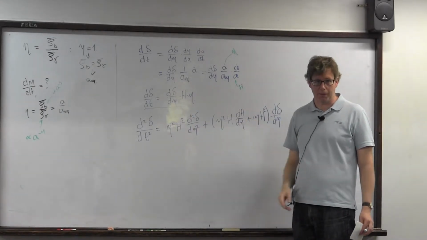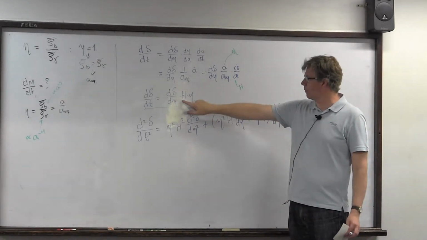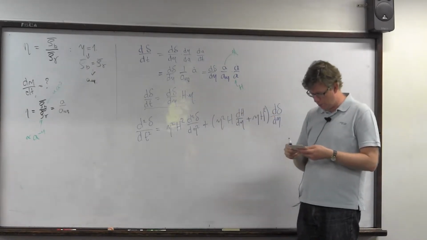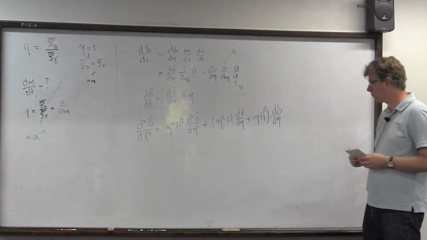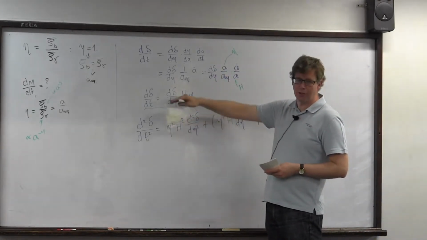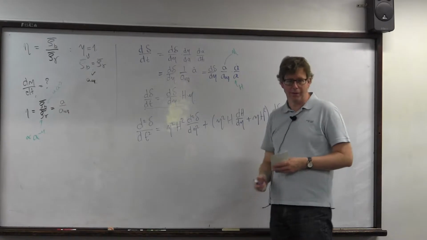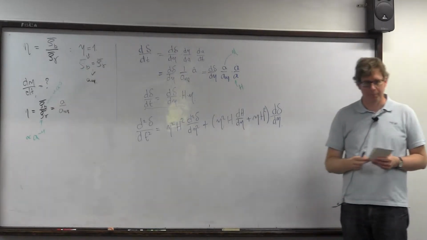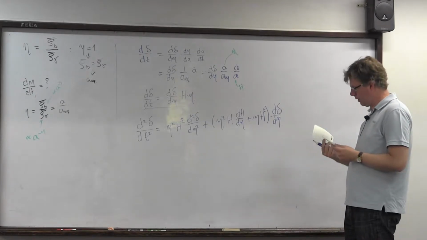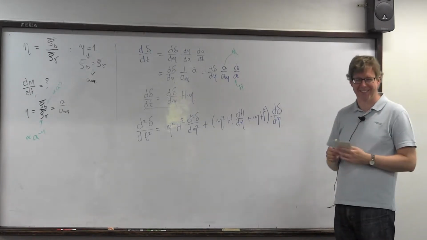There's nothing more complicated to it. You know what the time derivative of eta is, and you can work out the other ones. But definitely, if you didn't do these other things, then doing this step is a good idea. It will just take you a couple more lines, or maybe a page.